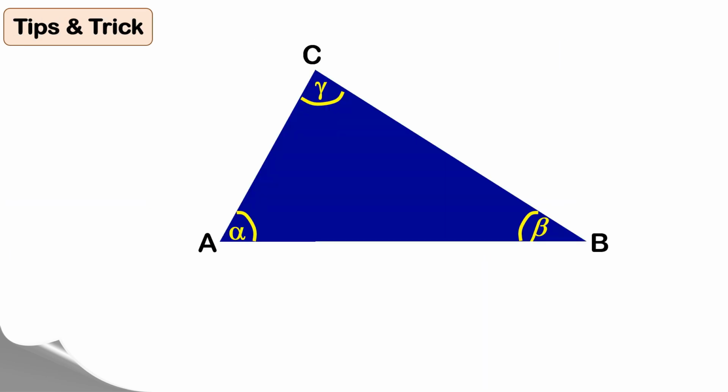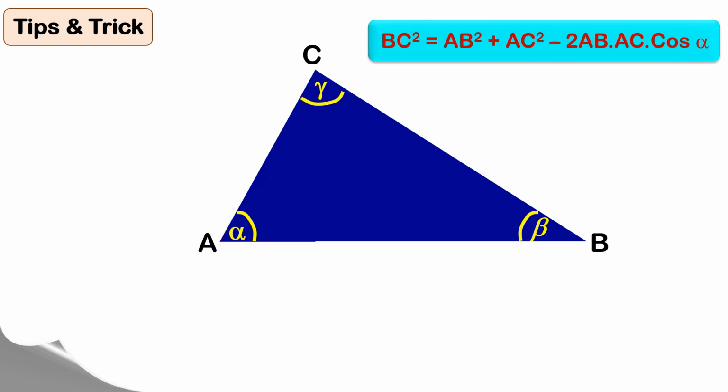We will make an easy tip to find the law of cosines formula for angles B or beta and C or gamma. Here is how. Pay attention to the previous formula.